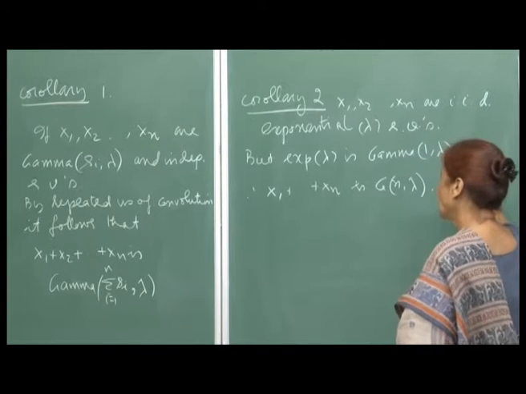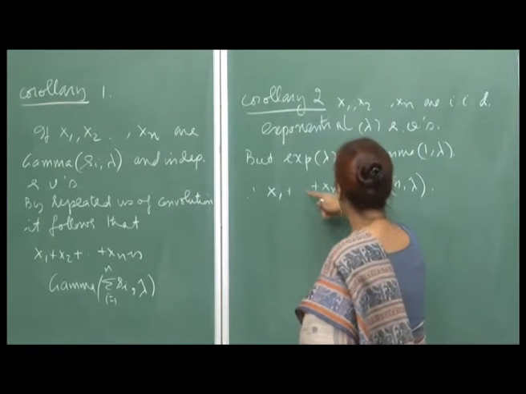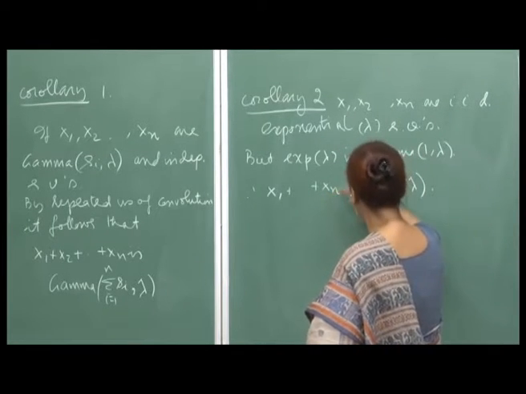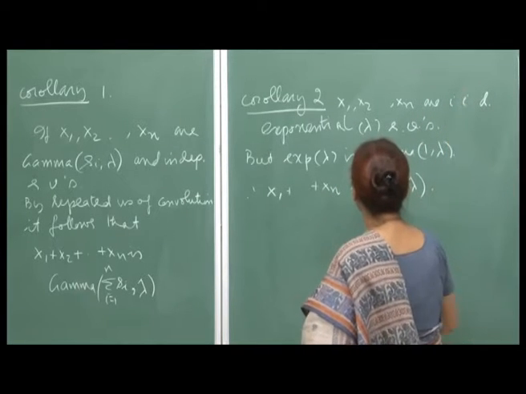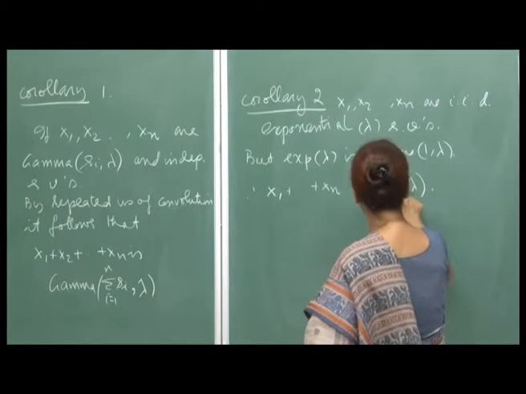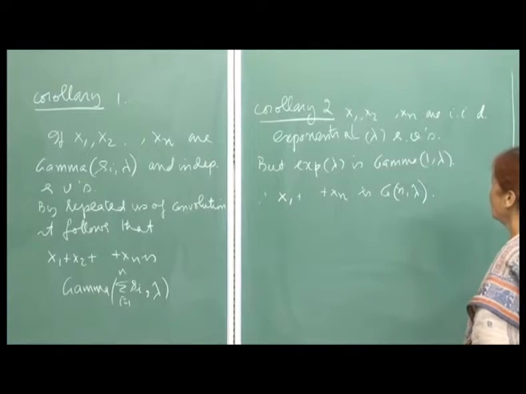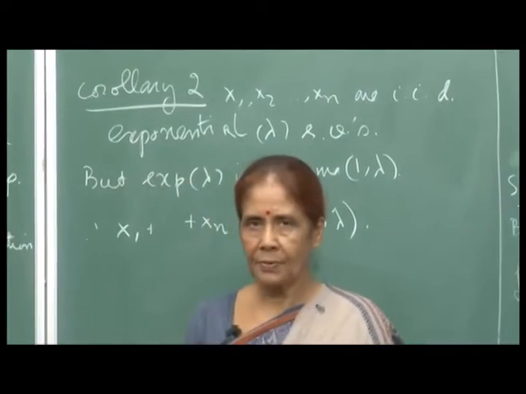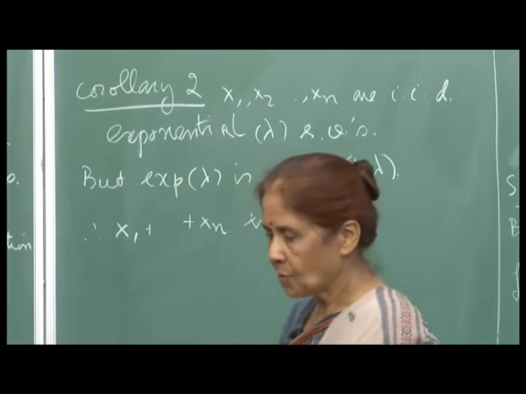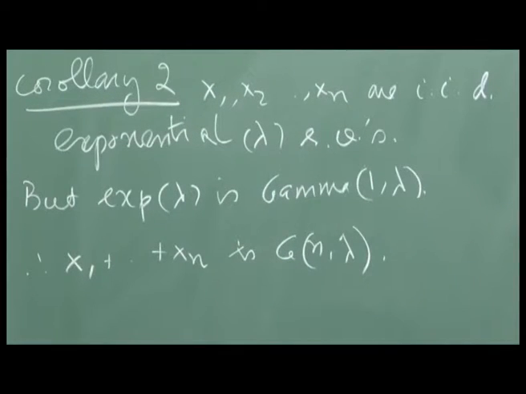Right, an exponential lambda is gamma 1 comma lambda, and so when you take x 1 plus x n, exponential random variables independently distributed, then this is gamma n comma lambda, because the first parameter gets added. We will see uses of all this when we talk about random processes, stochastic processes, which are Poisson and Markov and so on, right.